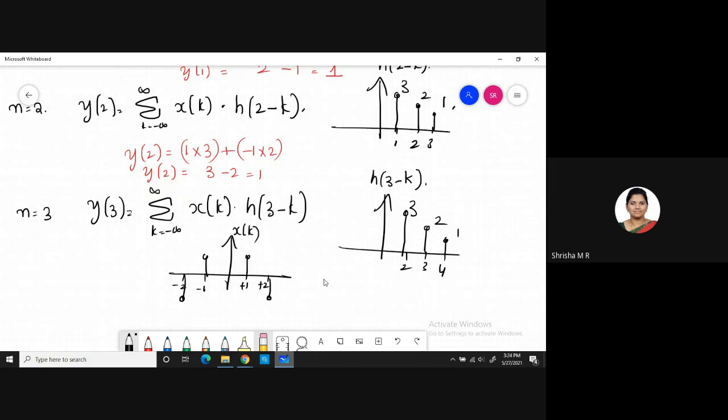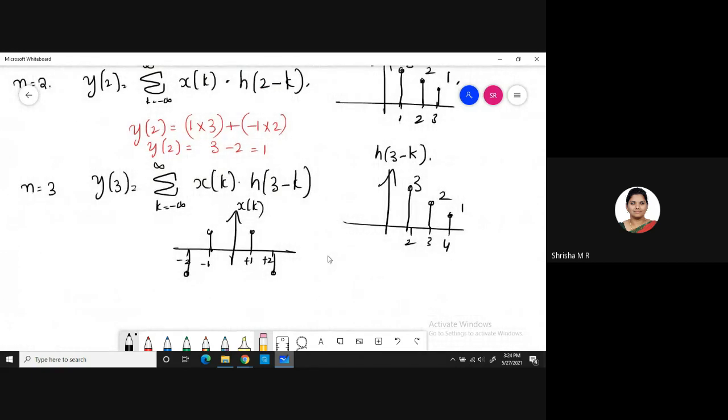So it is 3 into minus 1. So y of 3 is nothing but, at plus 2 it's overlapping, so minus 1 into 3 will be minus 3. Got it, everyone? It's clear?